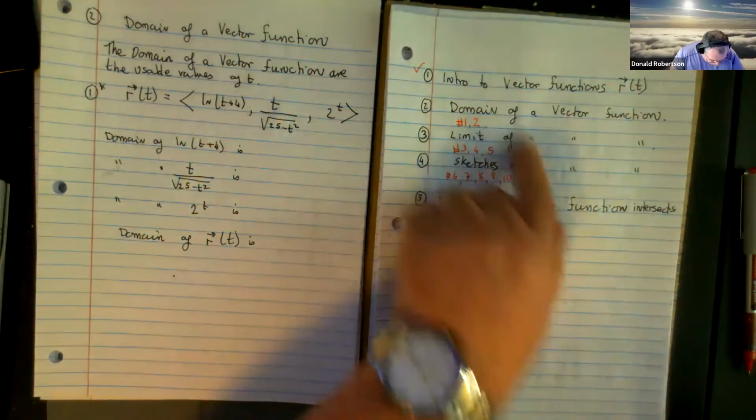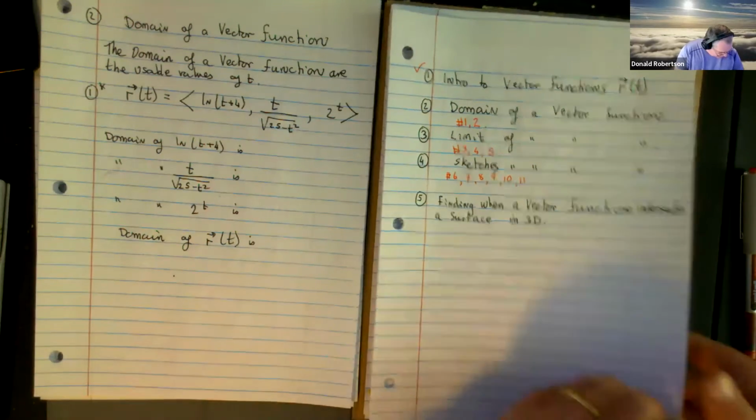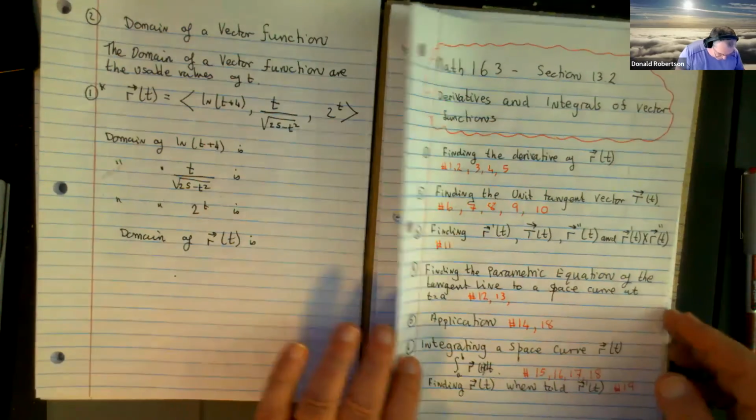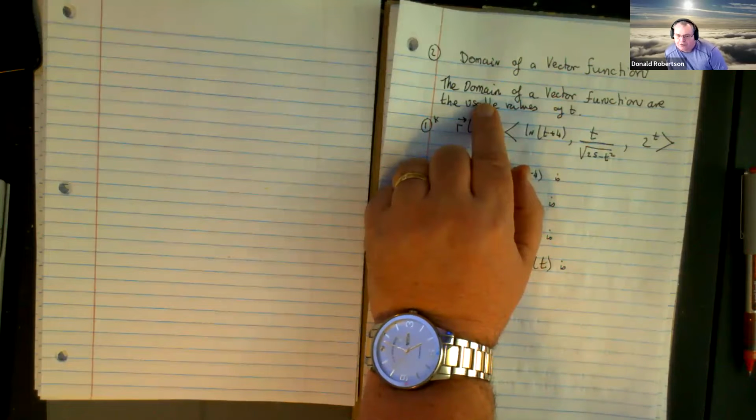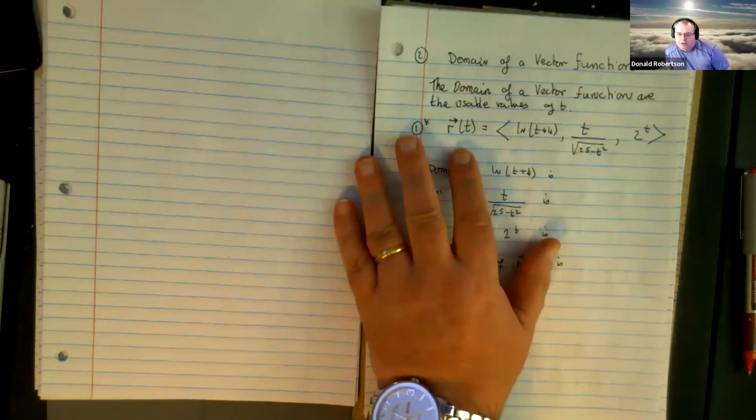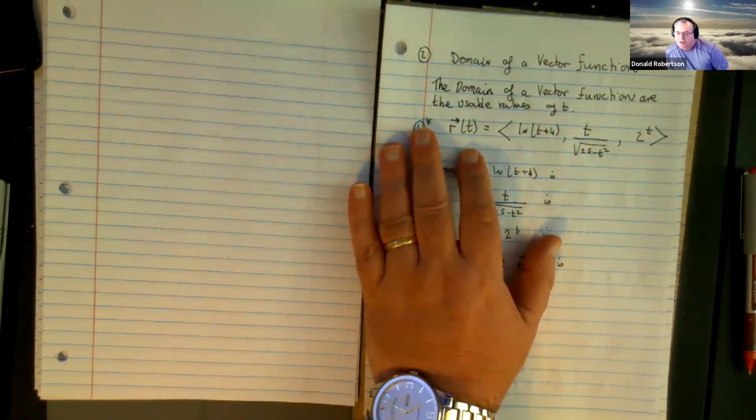So next thing we're going to look at is what's the domain of a vector function? What is its domain? Right. Way back in 141 was probably the first time you came across this idea of a domain of a function.